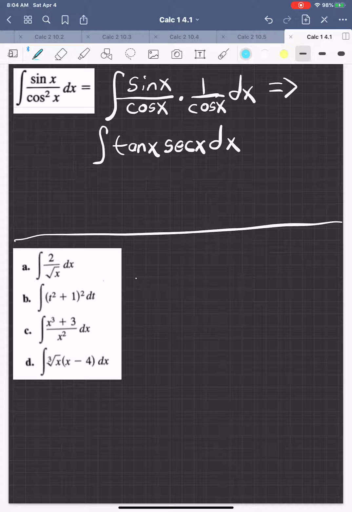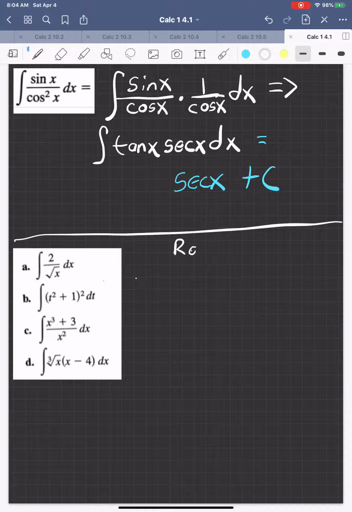So the result in this case is simply secant x plus c. Now, this will be the last problem, and I'm not even going to solve each one. You do need some practice. All I want is to make sure you know how to rewrite each of these integrands. That's the only thing I care about right now.